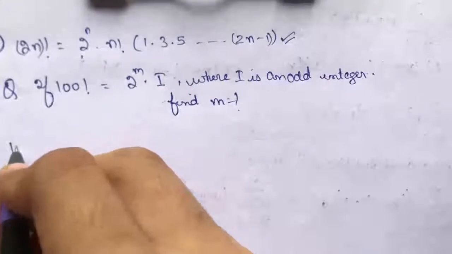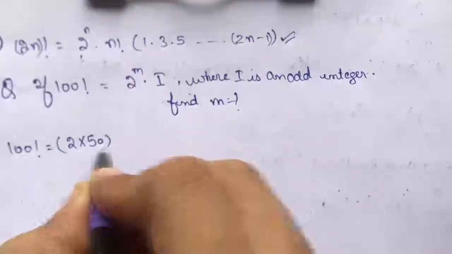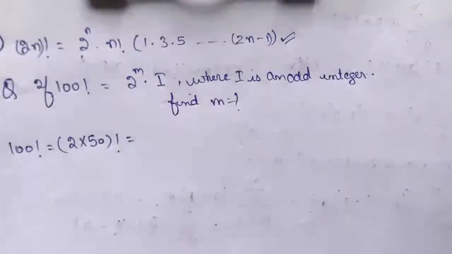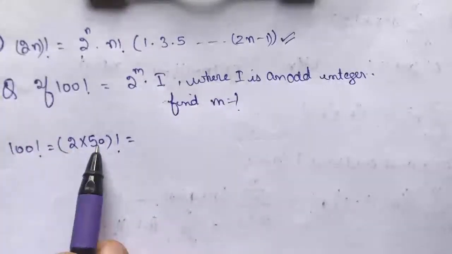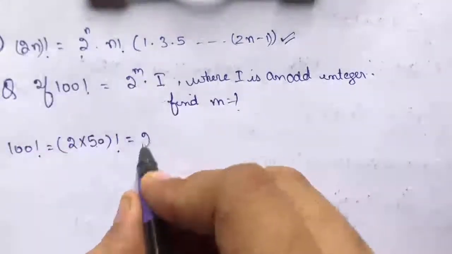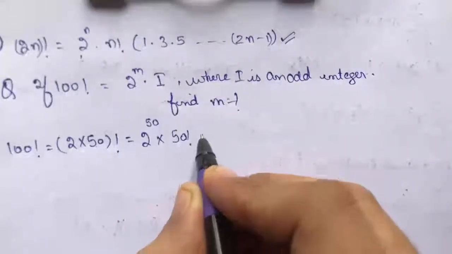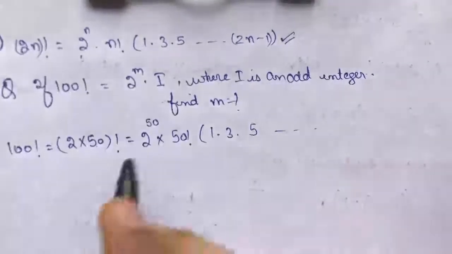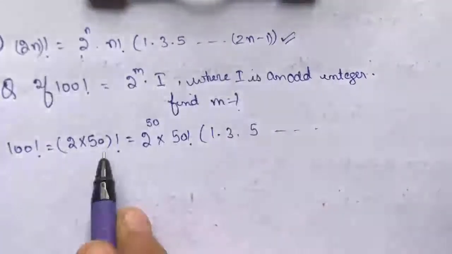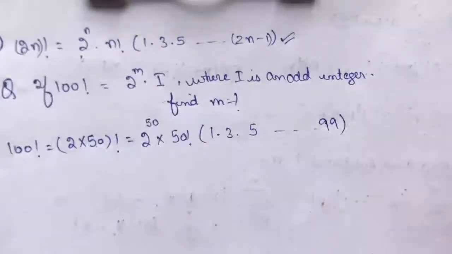Now 100 factorial could be written as 2 into 50 factorial, and according to this, n becomes 50. Hence it will be equal to 2 raised to the power 50 into 50 factorial into 1, 3, 5, till 2n minus 1, that is 50 into 2, 100 minus 1, till 99.